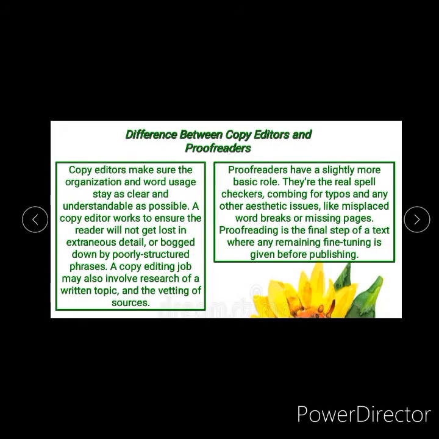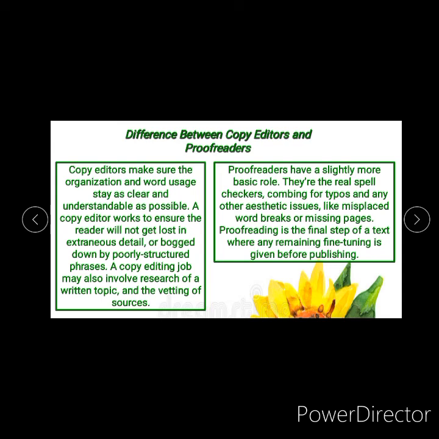So here are the differences between copy editors and proofreaders. Copy editors make sure the organization and word usage stay as clear and understandable as possible. A copy editor works to ensure the reader will not get lost in extraneous detail or bogged down by poorly structured phrases.